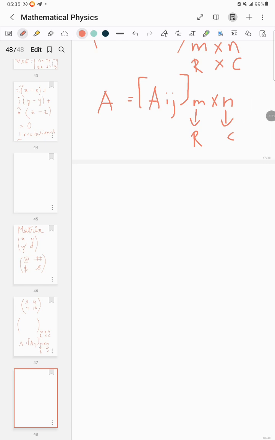Now, any two matrices can be added or subtracted if they have the same number of rows and columns.